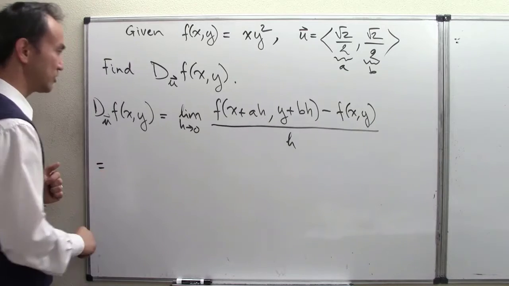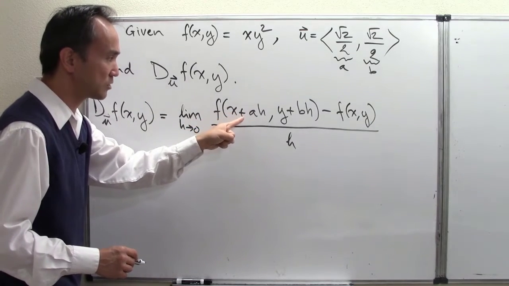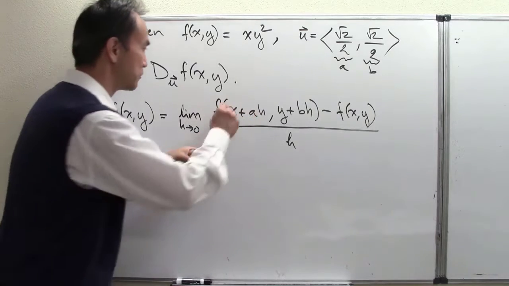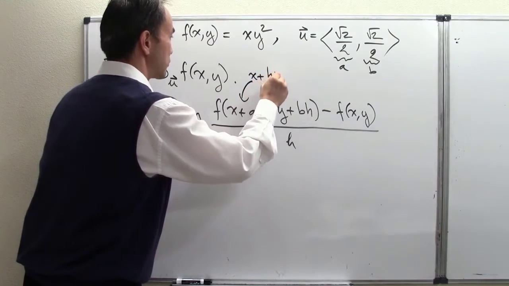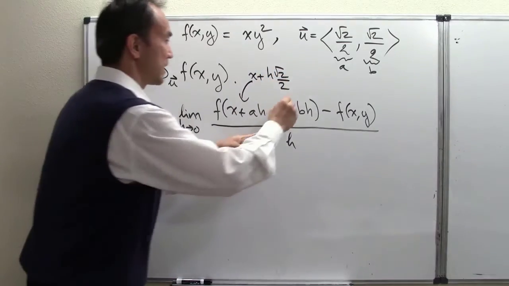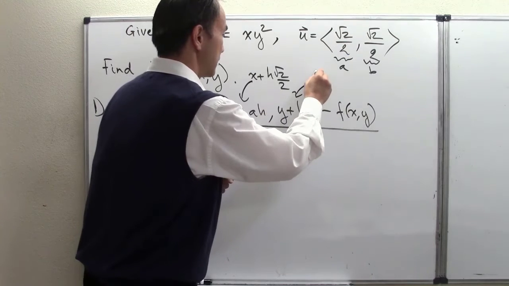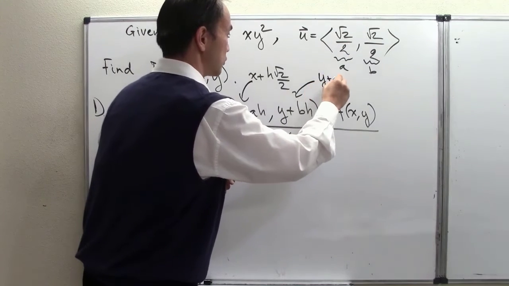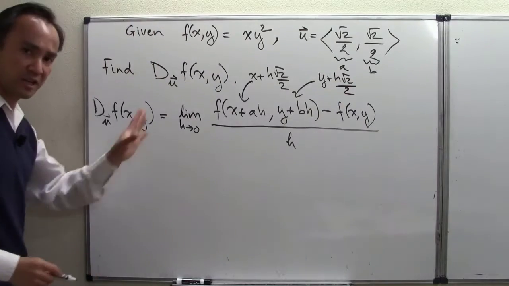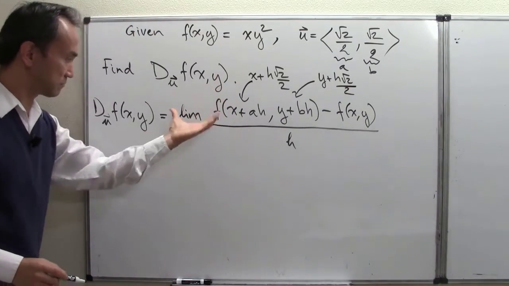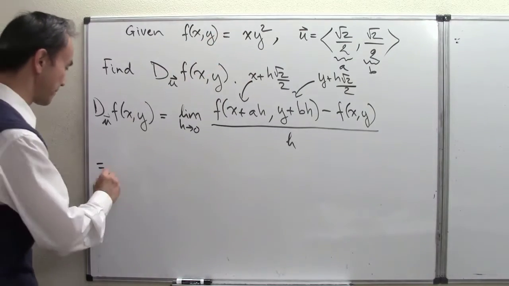That equals, now x plus ah means x plus h times square root 2 over 2, and the same with y: y plus h times square root 2 over 2. So here's how I'm applying this formula to our function along that vector.